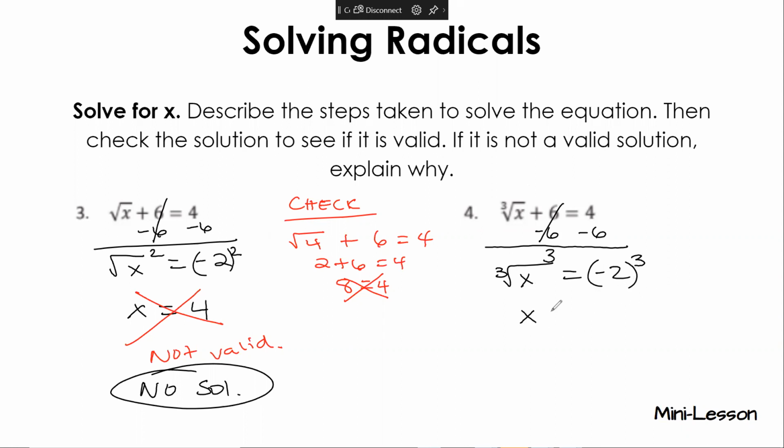This will give me x equals -8. When we check, we're going to take -8 and plug it in. So that's going to give me the cubic root of -8 plus 6.